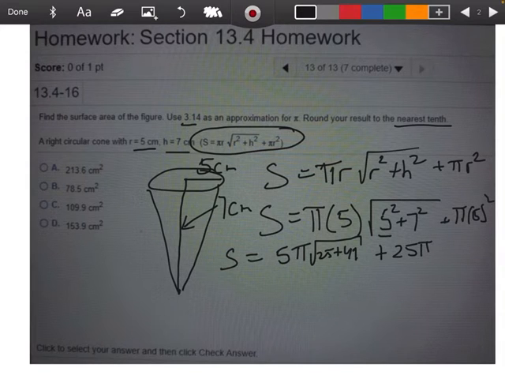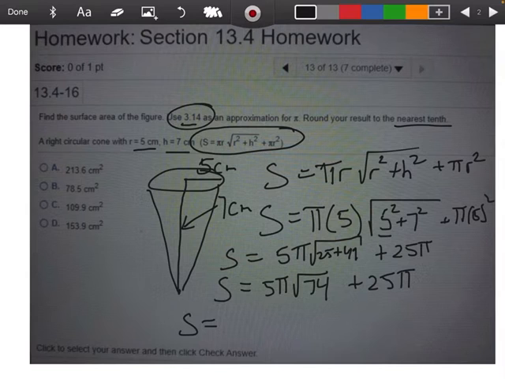Okay, so now S equals 5 pi times the square root of 25 and 49, which should be something like 74, plus 25 pi. Now I am going to start substituting 3.14 for pi.